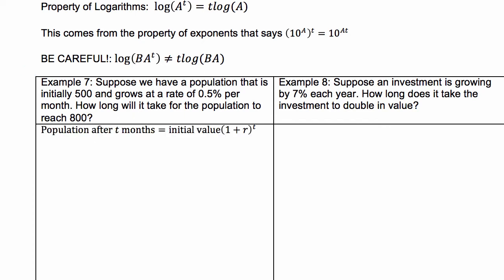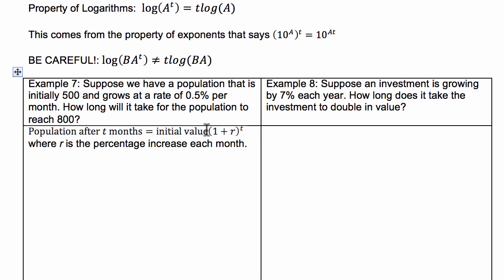Recall, the formula for an exponential function takes on the form dependent variable equals initial value times base to the t power. Because this is exponential growth, our base equals 1 plus r, where r is the percentage increase each month.